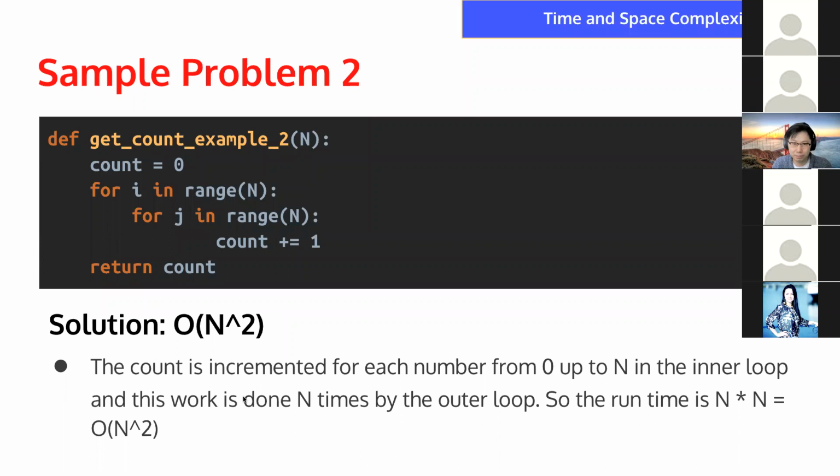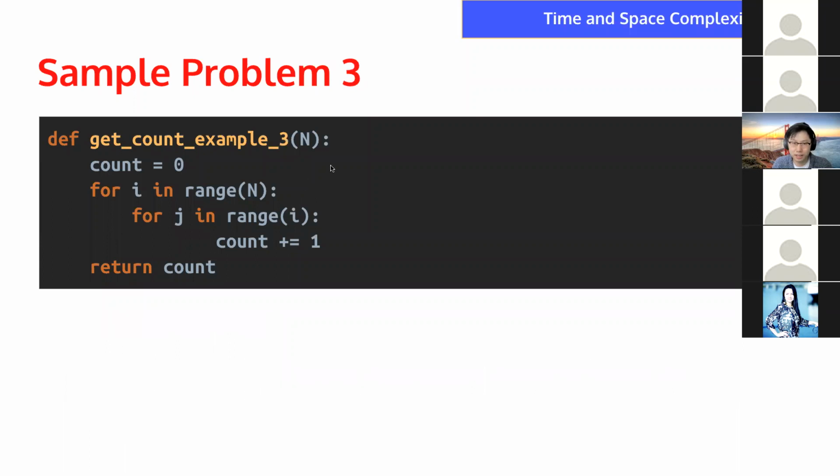All right, last sample problem. This is a little tricky. It's the same as the last question, except that instead of range n, the inner loop just ends at i, and this i is the index determined by the outer loop.